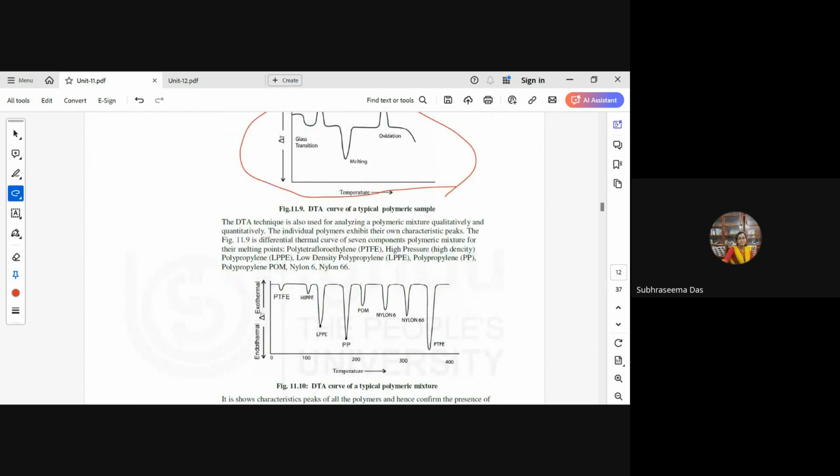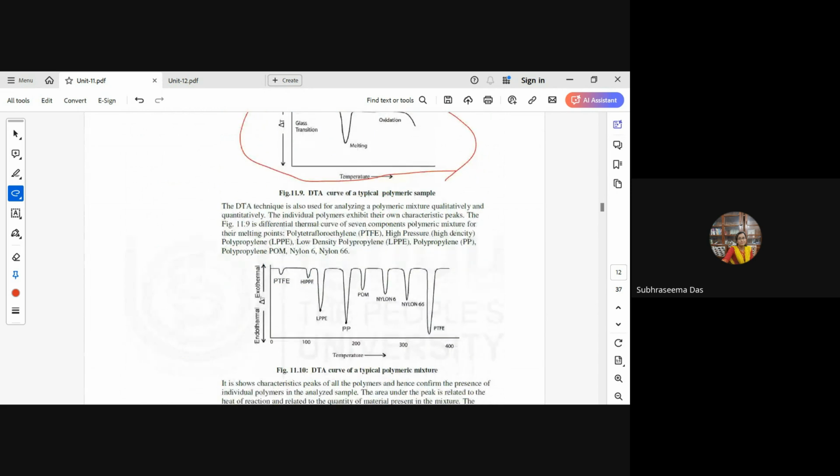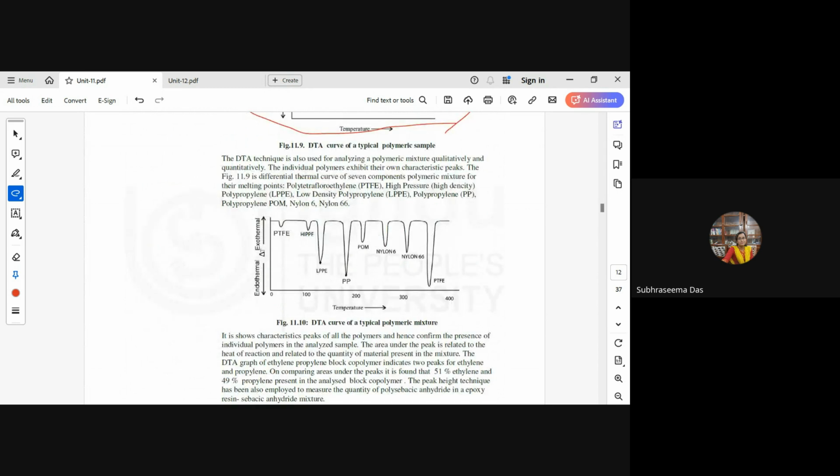The DTA technique is also useful for analyzing a polymeric mixture, both quantitatively and qualitatively. The individual polymers in a mixture have their own Tg and Tm. By matching the values obtained in our case with those in the reports, we can find out the actual polymer present in the mixture. In figure 11.10, we can see various types of polymers and their respective peaks.